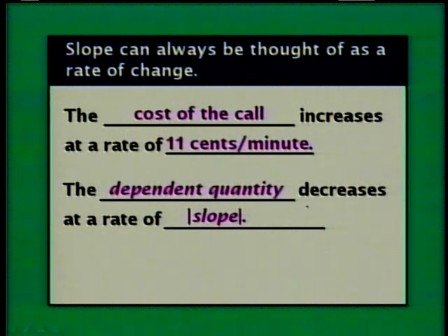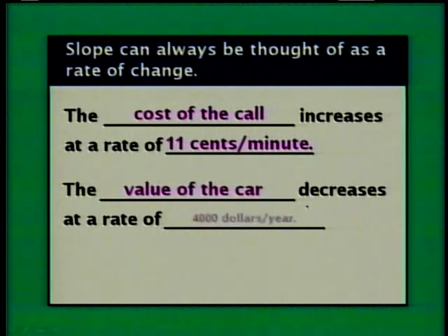That's what we did in the value of the car example. We said the value of the car decreases at a rate of $4,000 per year. Even though in our computation for the slope, we found that the slope was negative $4,000 per year. We've already said the value of the car is decreasing. That takes care of the negative.